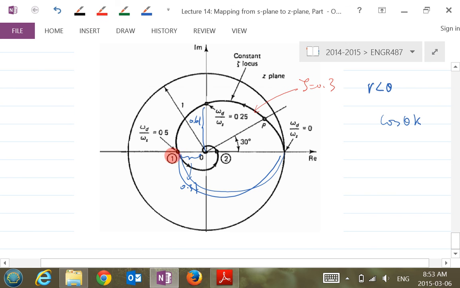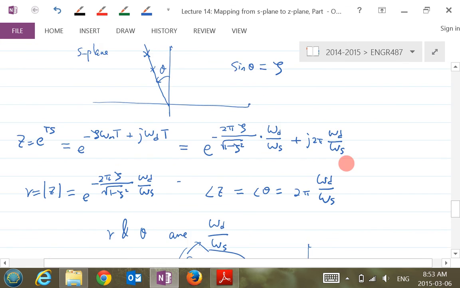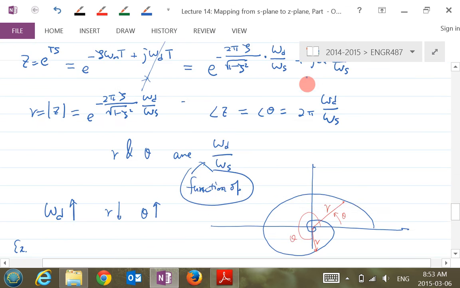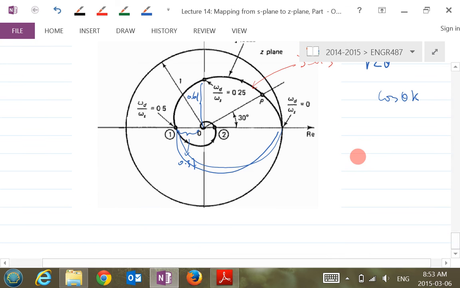If I draw the radial line over here, for complex poles, they always appear as a pair, right? So the other one is at the bottom here. If you draw another one here, this is symmetric to that. Then the bottom one here will be mapped to this one.